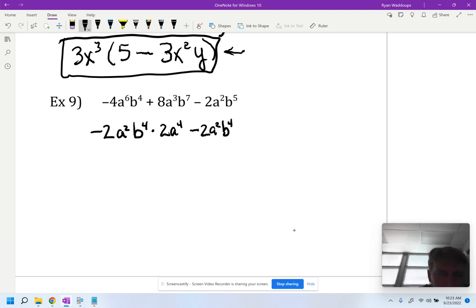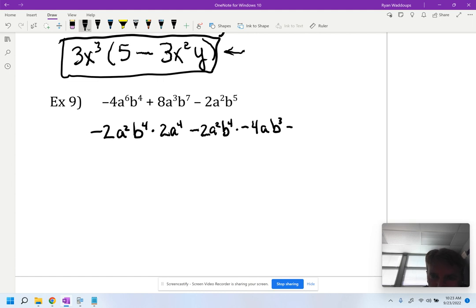And what would I multiply by negative 2 to get a positive 8? Well, a negative times a negative is positive, so a negative 4 times a negative 2 would be positive 8. And a times a squared would be a cubed. And b to the 3rd power times b to the 4th power would be b to the 7th.